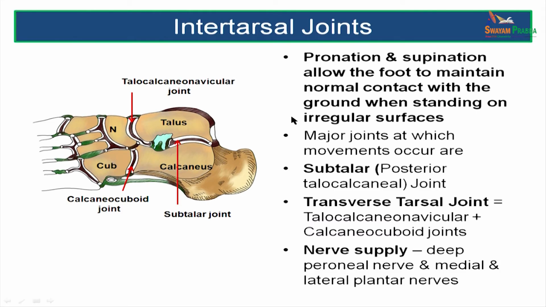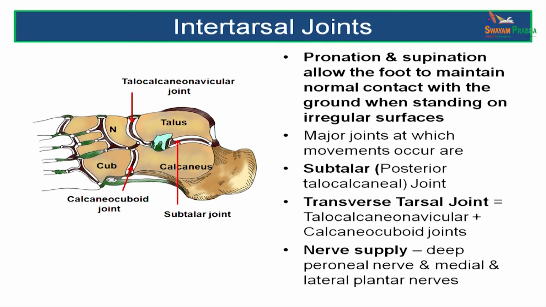Intertarsal joints allow pronation and supination, which helps the foot to maintain contact with the ground when standing on irregular surfaces. Most of the movements take place at the subtalar and the transverse tarsal joints. The subtalar joint is between the posterior facets of the talus and calcaneus, so it is also called the posterior talocalcaneal joint.